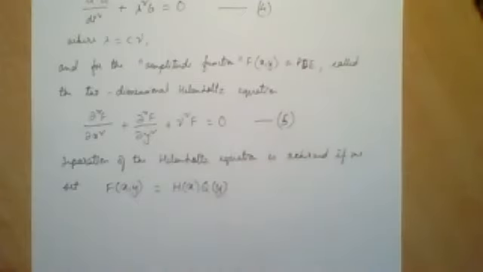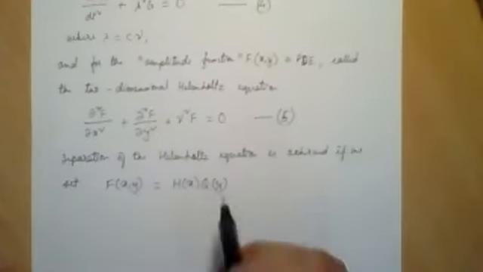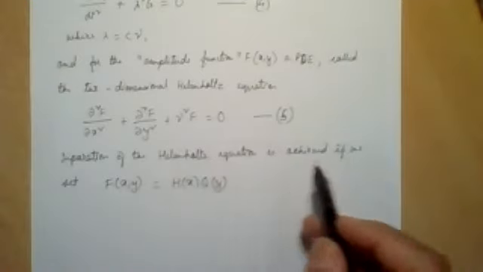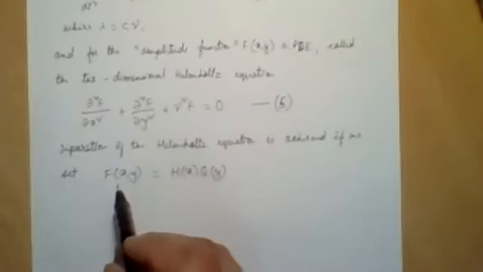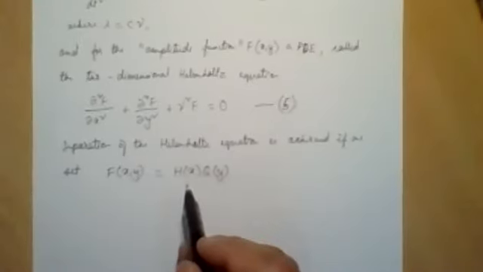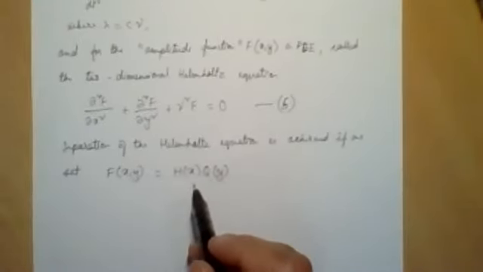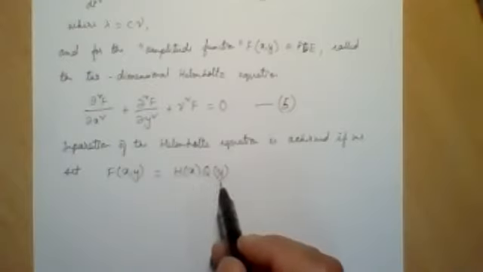Okay, so we can separate the Helmholtz equation into two ordinary differential equations by setting f of xy as a product of two functions h of x and q of y, where h is a function of only x and q is a function of only y.